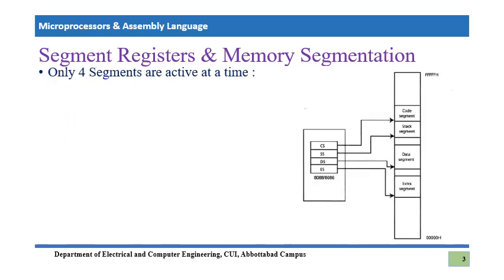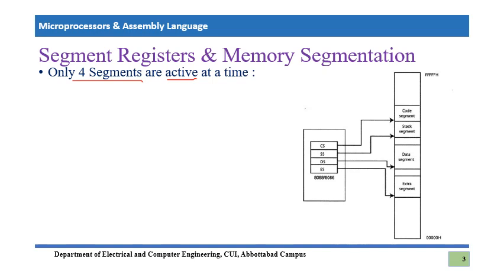We are also learning that only 4 segments are active at a time. At any instant the microprocessor has access to only 4 segments. How many segments can be generated is part of the next topics.